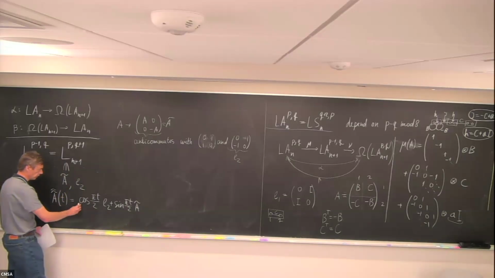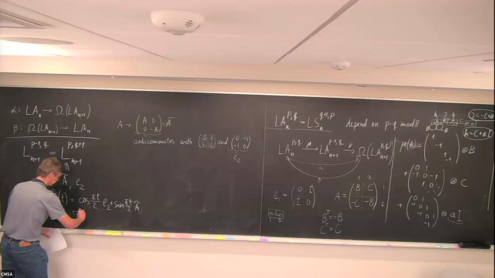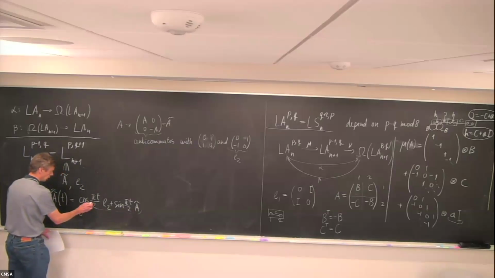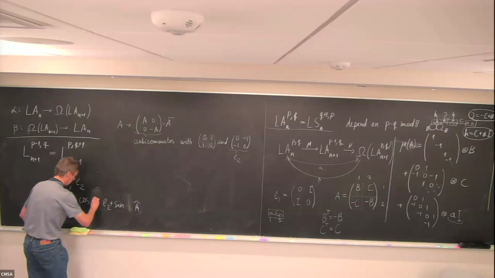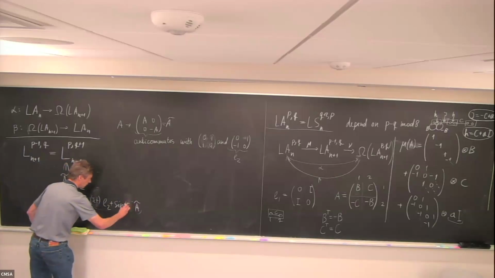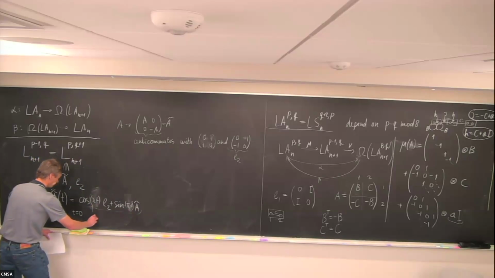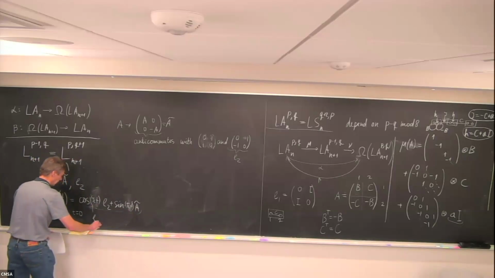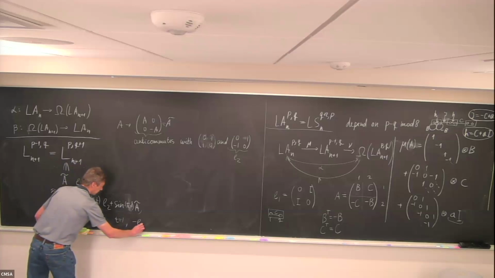So we have a well-defined family of matrices, and for T equals 0, only this term remains. The matrix is E2, and for T equals 1, the matrix is minus E2.